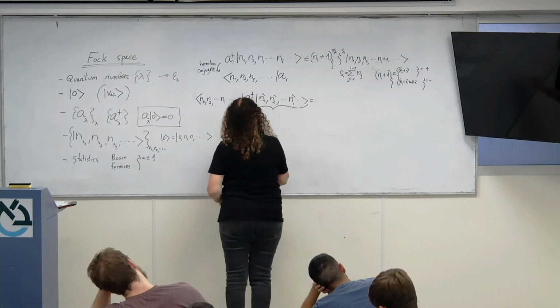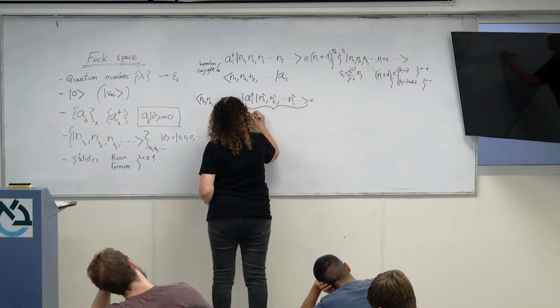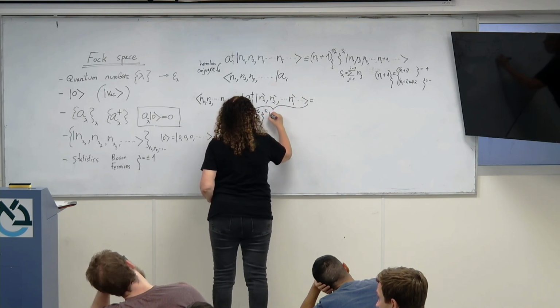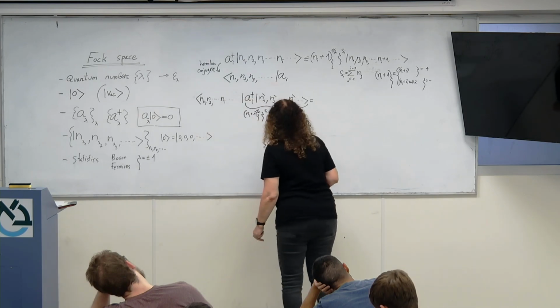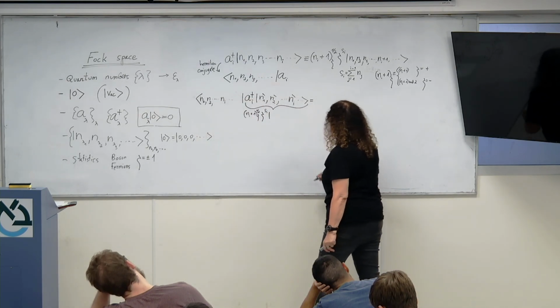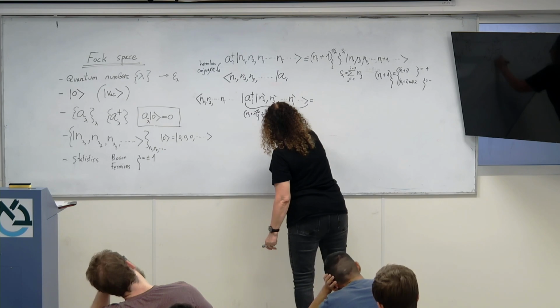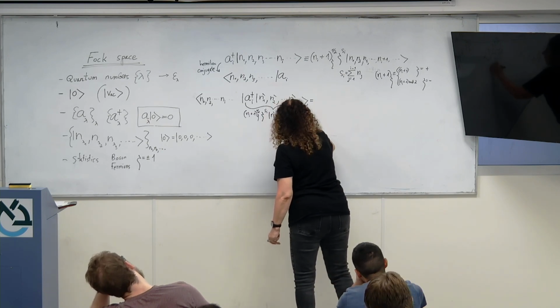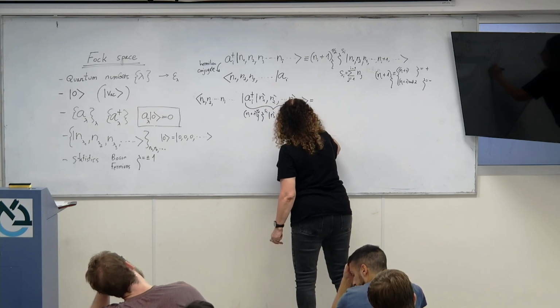So it gives me square root of n_i plus 1, zeta to the power s_i, times the state which has all the occupations the same as before, but n_i prime turns into n_i prime plus 1.